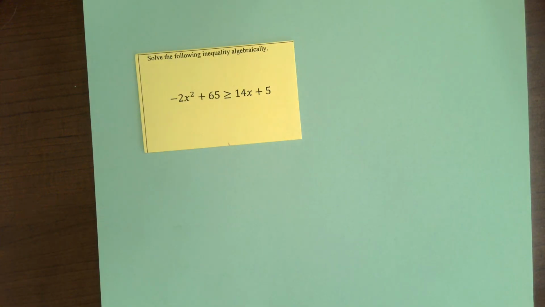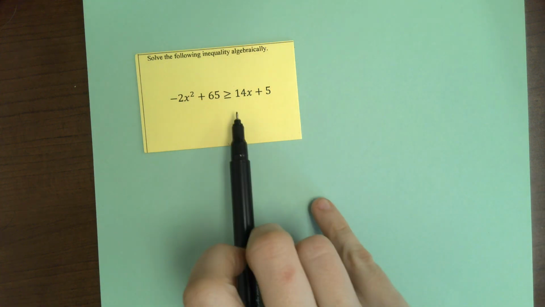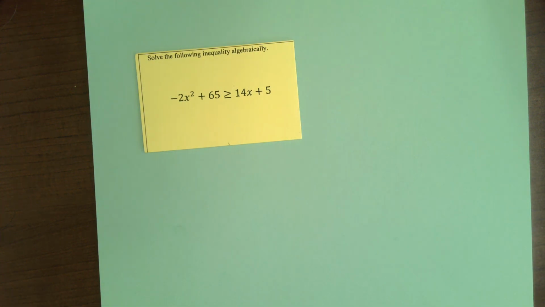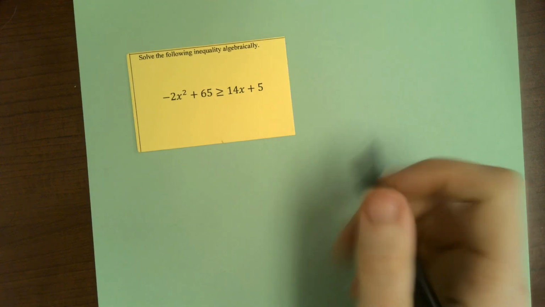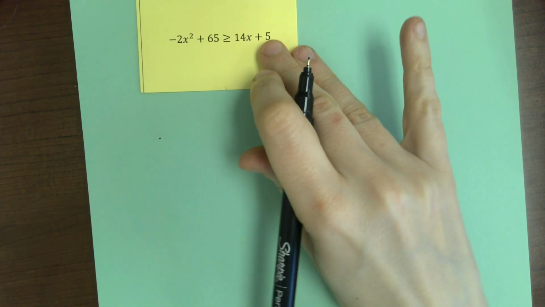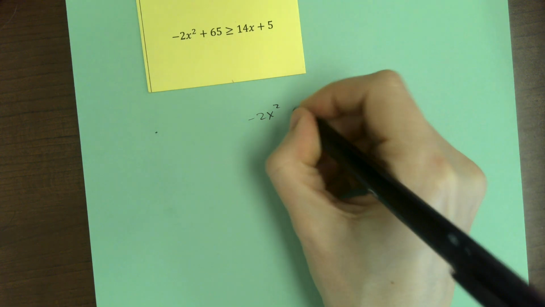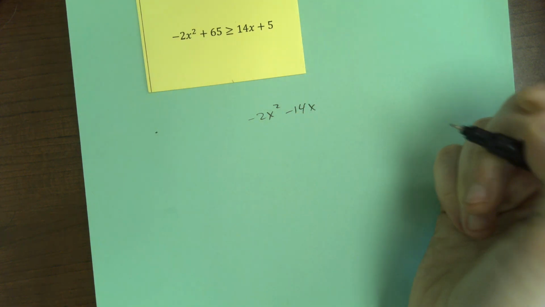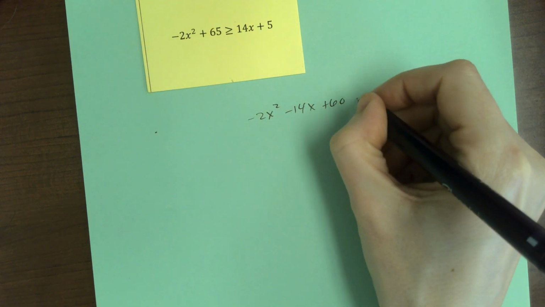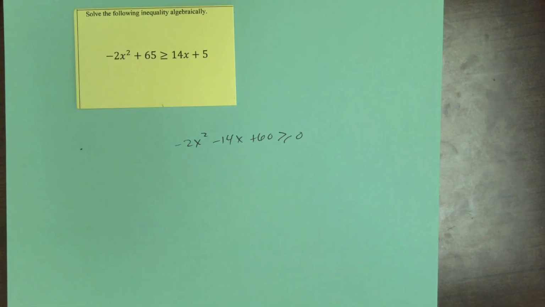So the very first move, guys, is to get 0 on the right side. So I'm going to subtract 14x from both sides and then also 5 from both sides. So we get negative 2x squared minus 14x plus 60 is greater than or equal to 0.